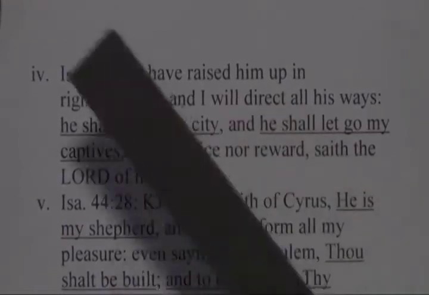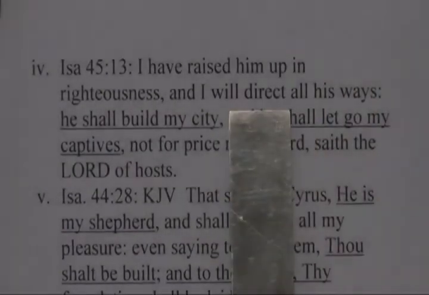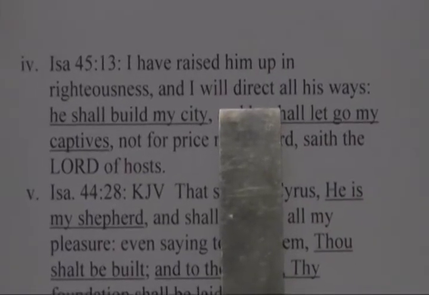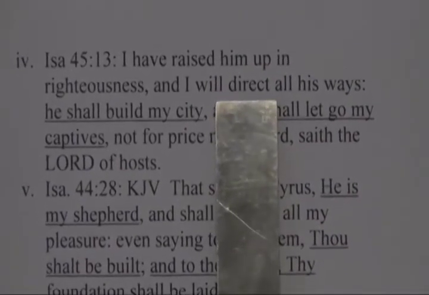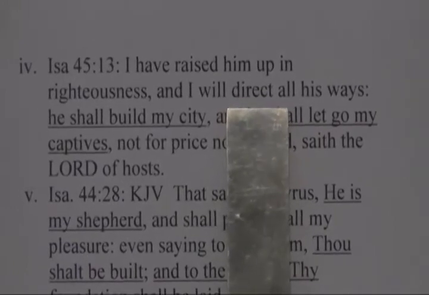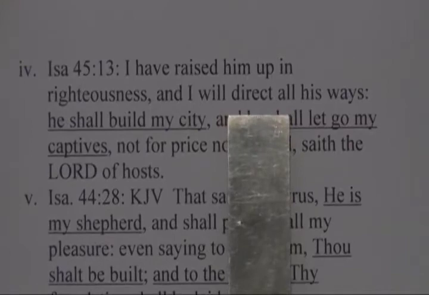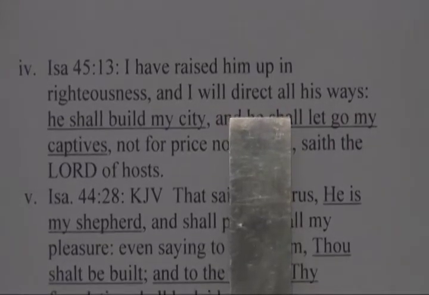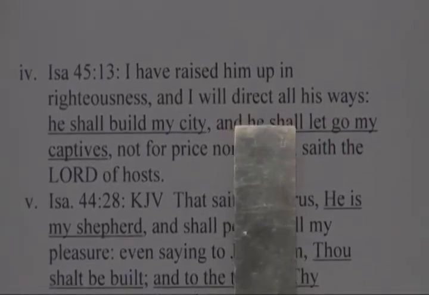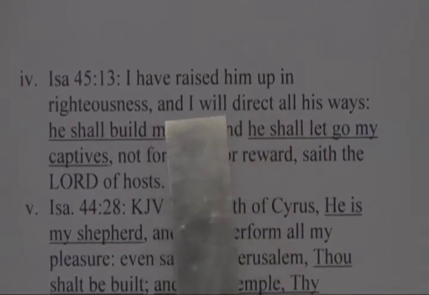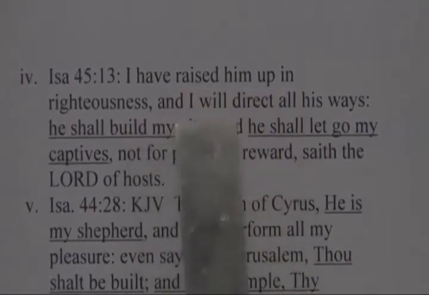Really, Cyrus wasn't as righteous as you would think he was. He was a pagan king. He was an idolater. So only in a certain foreshadowing sense is Cyrus actually Mashiach. What the passage is actually talking about is the Mashiach to come, hidden under the history of Cyrus. I have raised him up in righteousness.